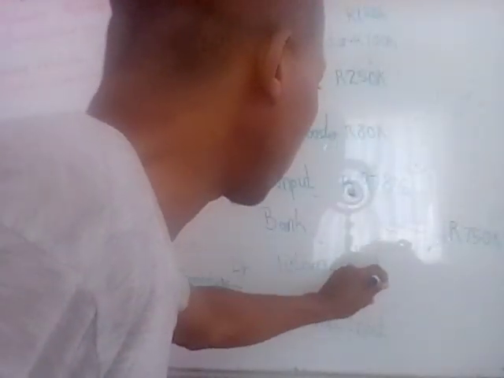I'm just going to put it here. Then you can work out the actual amount that would have been as a result of VAT times 80,000 rands.